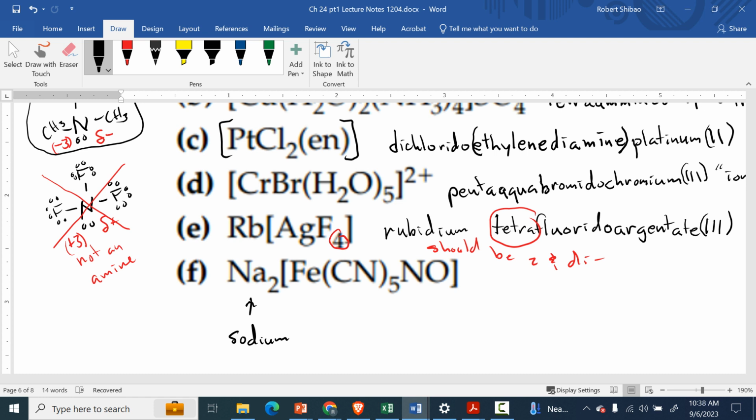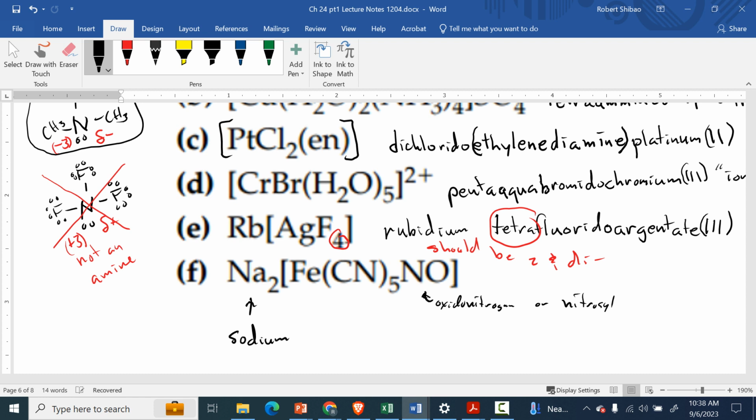Oxidonitrogen, yep. What a funky name. Or nitrosyl. I much prefer nitrosyl, but we'll try oxidonitrogen to be consistent with the book.